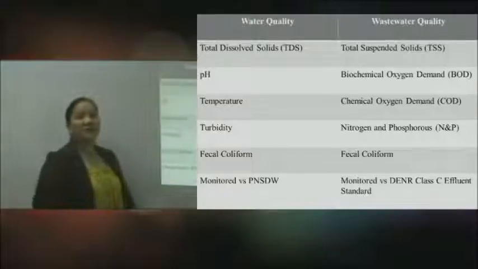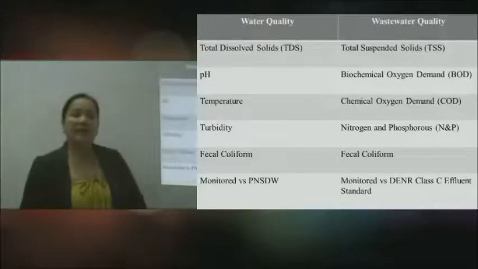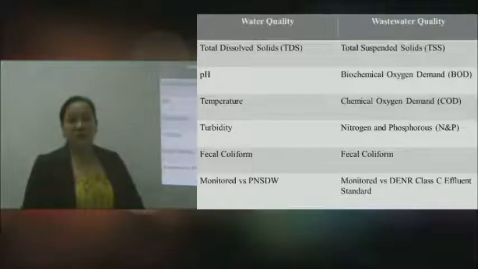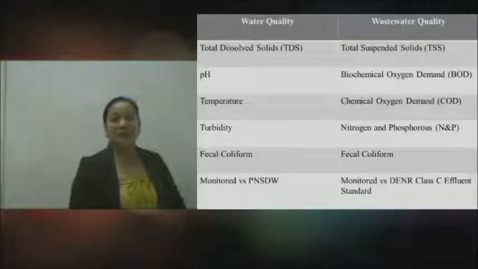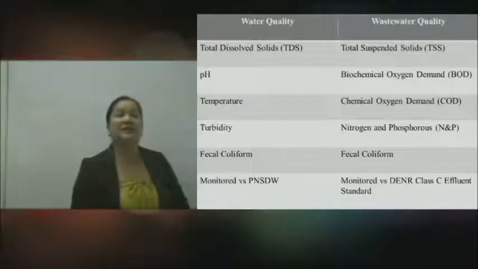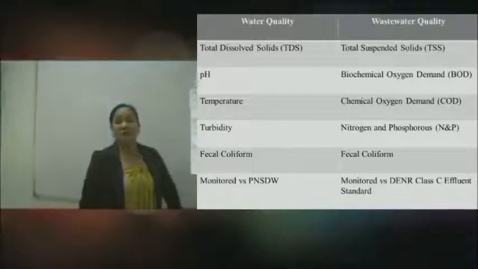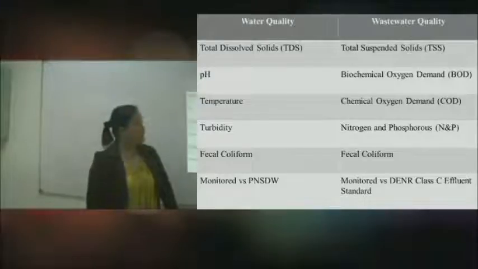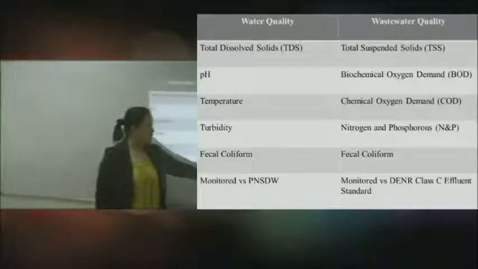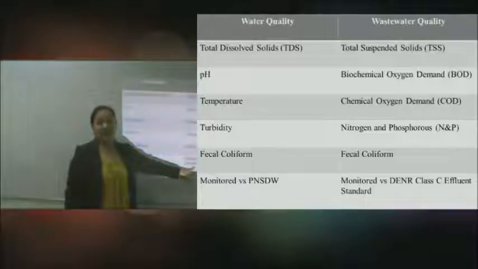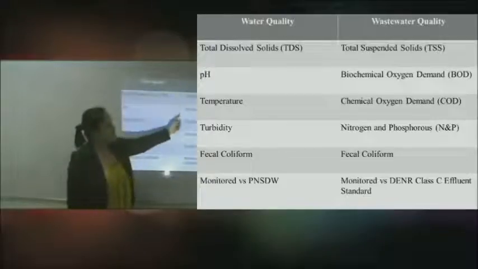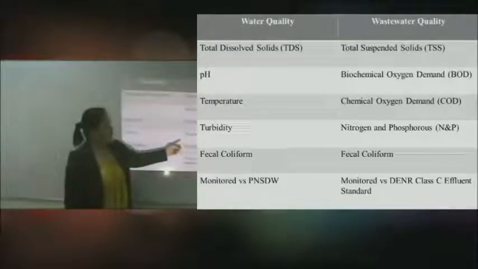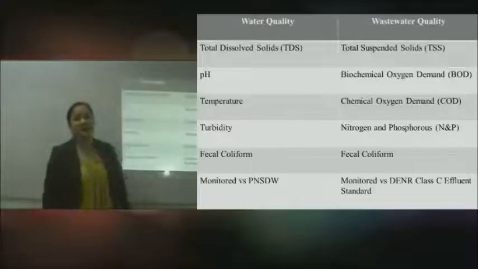However, if you're just analyzing wastewater for the purpose of discharging it to a body of water after treating it in a wastewater treatment plant, the standard utilized would be the DENR Class C effluent standard. You can find this in RA 9275. And what do you normally monitor? You monitor TSS, BOD, COD, NNP, as well as fecal coliform.